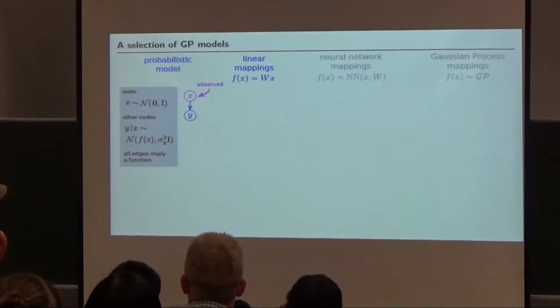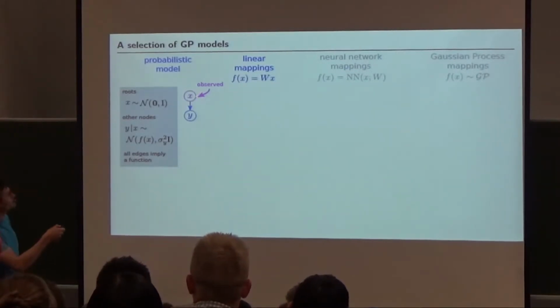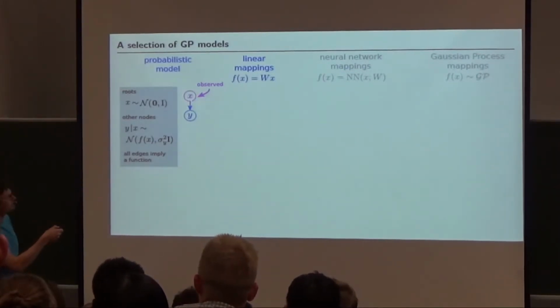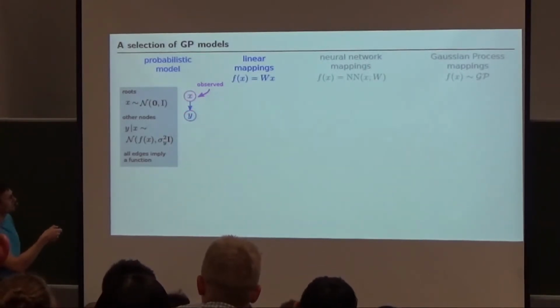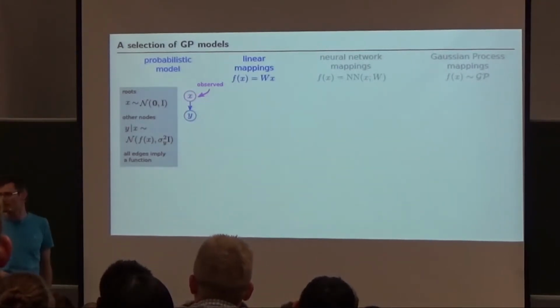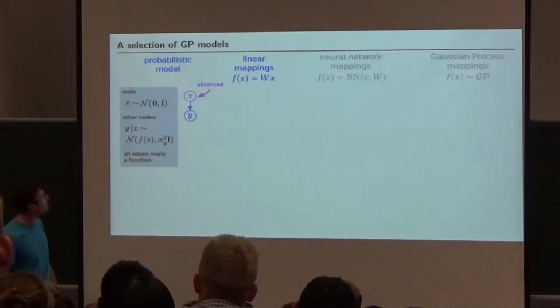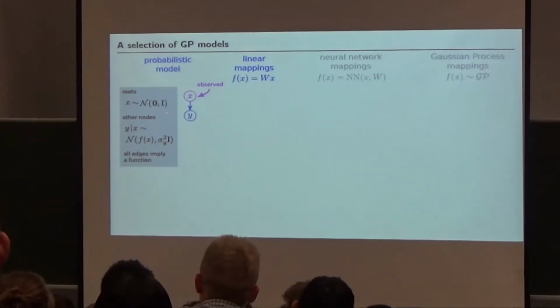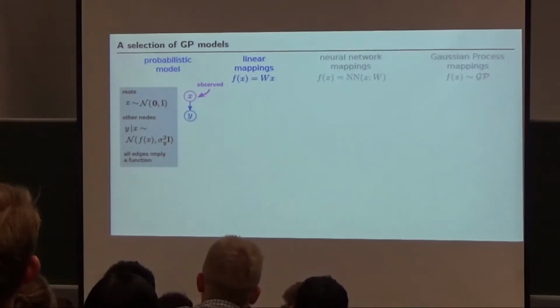So let's imagine we've got an observed input x that's giving rise to an output y that may be observed or might be missing if you're doing prediction. And the semantics for reading this directed graph is, if you're a root in the directed graph, if you look at the top, there's no arrows coming into you, then you're going to be drawn from a multivariate Gaussian with a zero mean and independent covariance.